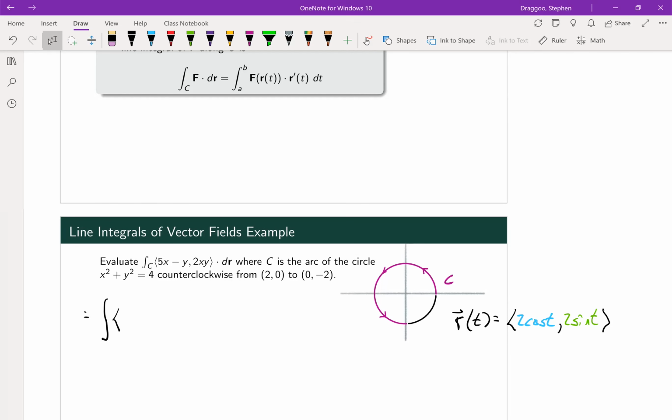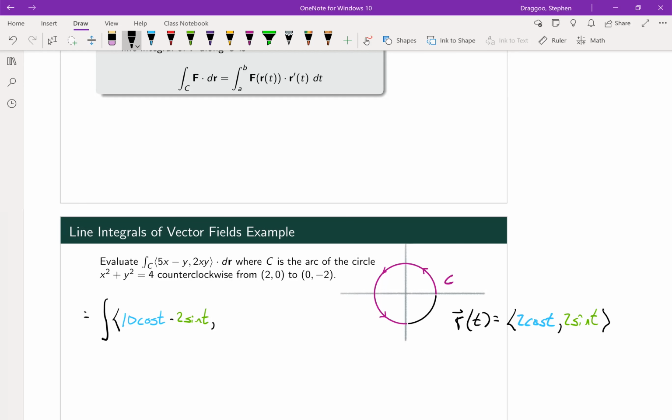So let's start by putting the vector in. This will be 5 times 2 cosine, so let's just call that 10 cosine t, minus y, which will be 2 sine t, and then do the same thing into that next piece. 2xy will be 2 times 2 cosine times 2 sine.